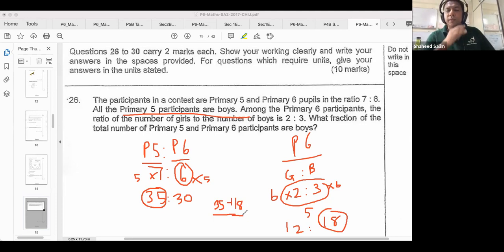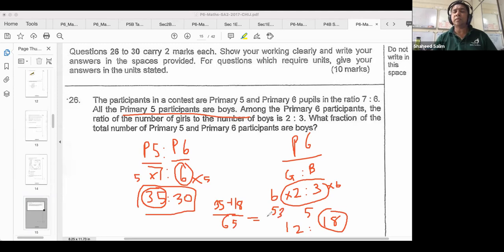Then the total number is given here. 35 plus 30 is total number of students. 35 plus 30, 65. So 53 over 65. Okay, that's how you do it.